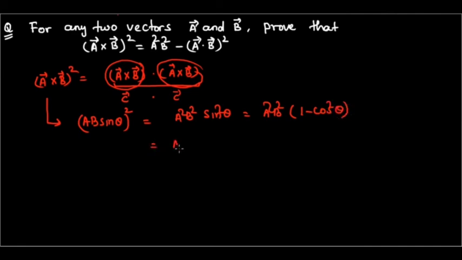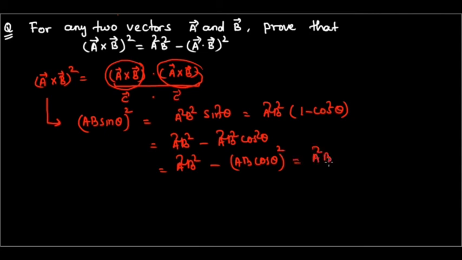That is equal to A square B square minus A square B square cos square theta, that is equal to A square B square minus (AB cos theta) whole square, that is equal to A square B square minus (A dot B) square. So in this way you can prove this question, and now we'll proceed to the next one.